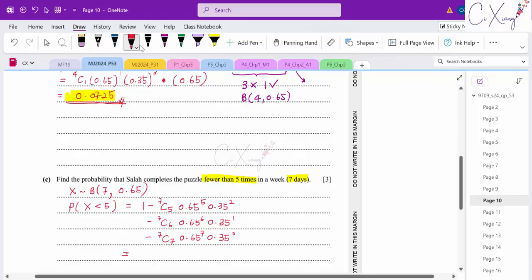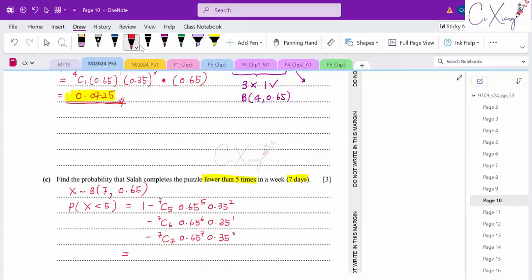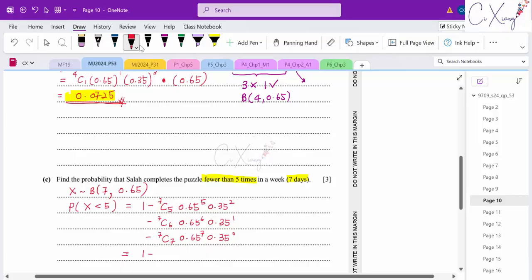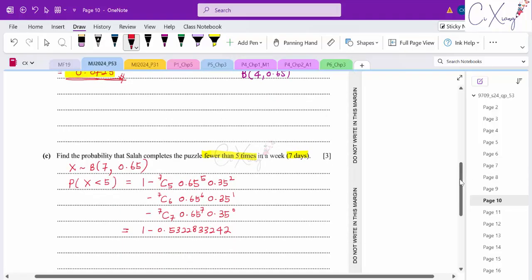You cannot have X equals 8 because the maximum number of days that we have currently is only 7 days. If you work out the answer, you should have 1 minus 0.5322833242. It's a long value. Then let's simplify it to a 3 significant figure answer, so 0.468.